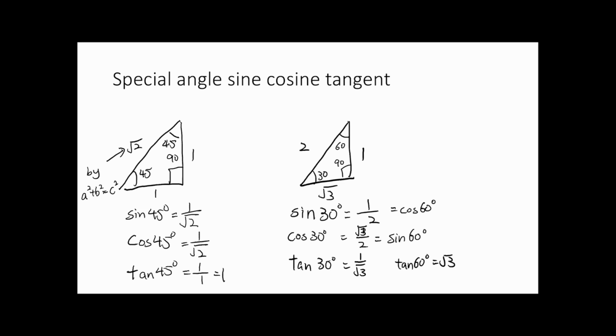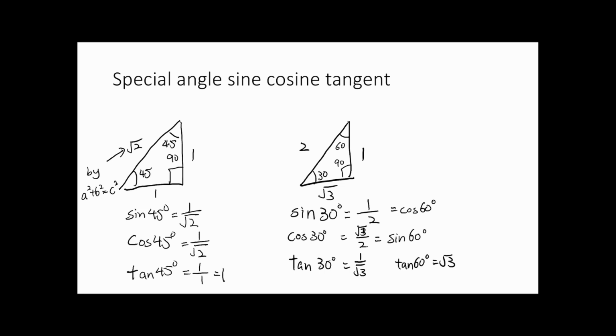For the other special triangle, it has 30, 60, 90 degree angles. And sine 30 degrees equals 1 over 2, as the hypotenuse would be 2 and the opposite side would be 1. Cosine 30 degrees would be square root 3 over 2, as it is the adjacent side over the hypotenuse.